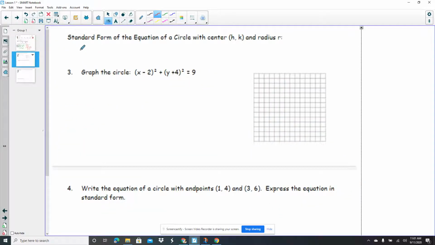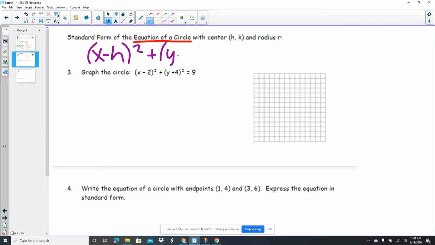Let's go on. So now we're going to write an equation of a circle using our midpoint formula on some of these examples. Do you guys recall what the equation of a circle is in standard form? I'm going to start writing it. Maybe you can finish it. Remember this?